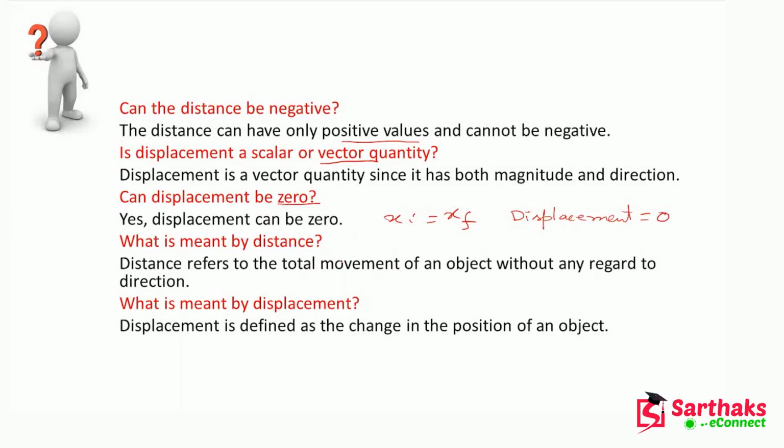What is meant by distance? Distance refers to the total movement of an object without any regard to direction. What is meant by displacement? Displacement is defined as the change in position of an object in a particular direction, right?